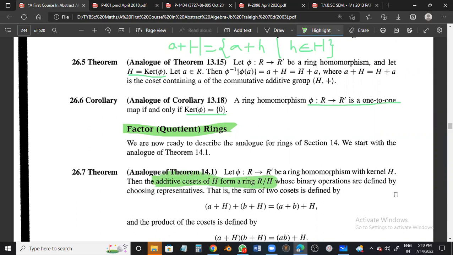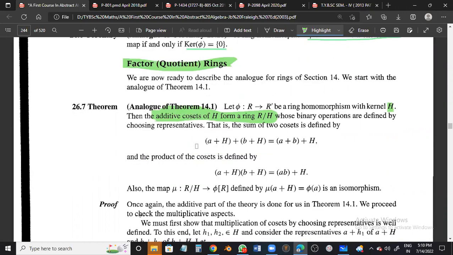So you can see this theorem. Phi again is a ring homomorphism. Kernel is H. Then the additive cosets of H form a ring. That ring is called R by H. What we do is take additive cosets of H. That forms a ring R upon H. Now we have to have operations on this R by H. You have one coset A plus H, another coset B plus H. How do you add them?